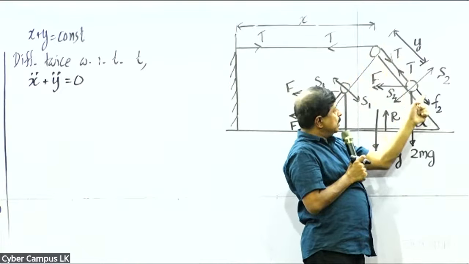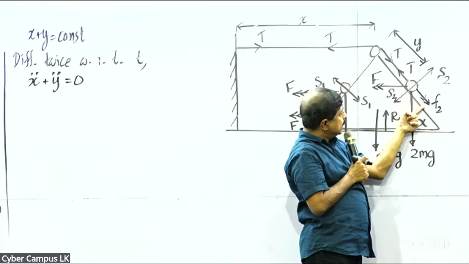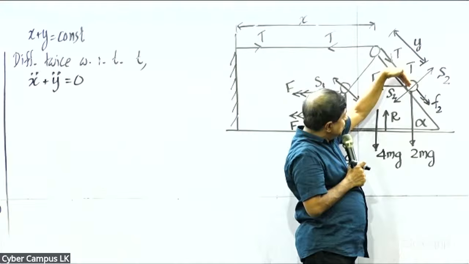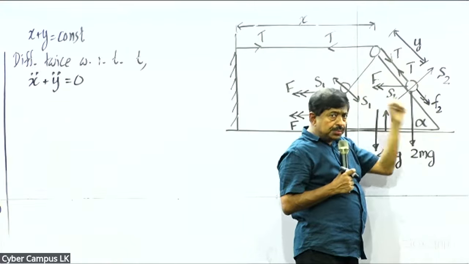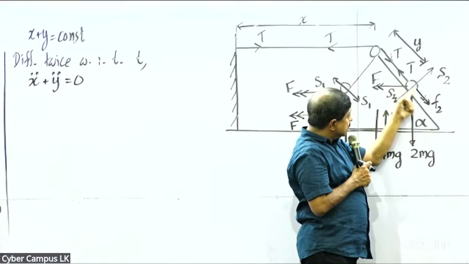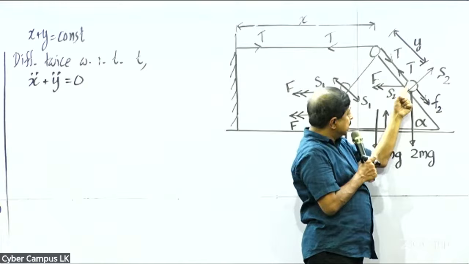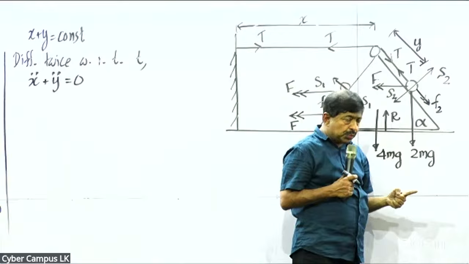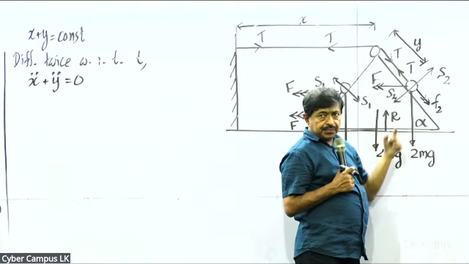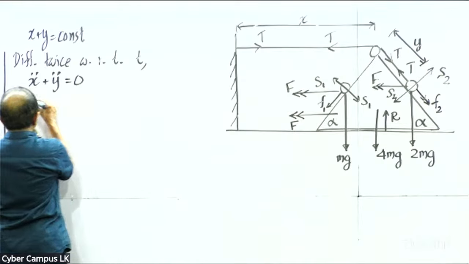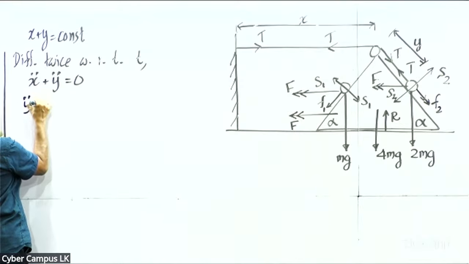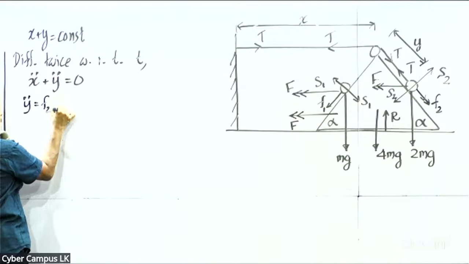Now, f2 is directly related to y, because if the object moves in the direction indicated by f2, y increases. Therefore, those two have a positive relationship, so y double dot should be f2.